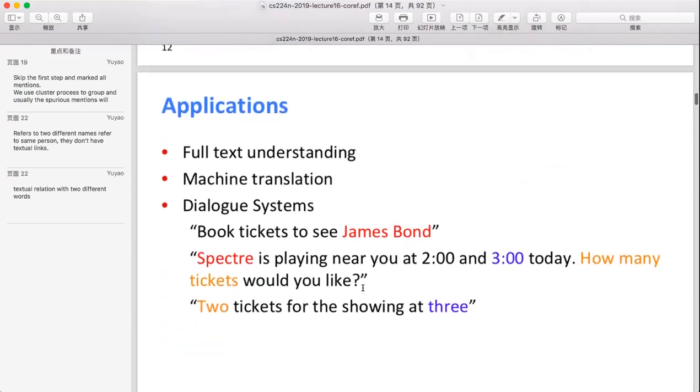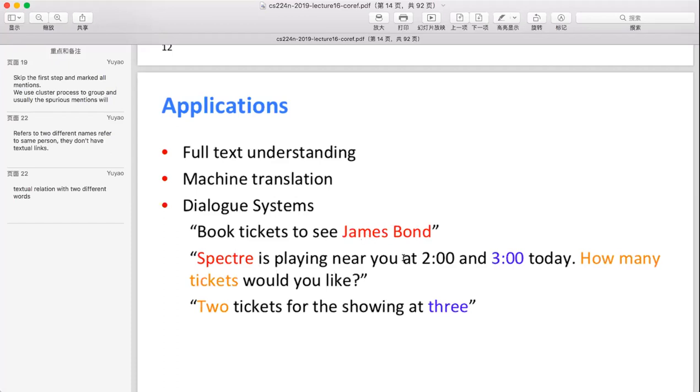Also for this kind of chat system, we can apply this coreference system. So here is a chat. James Bond is the actor of a movie and Spectre is the name of the movie. So actually these two red words are linked together. They have a kind of coreference link with each other.